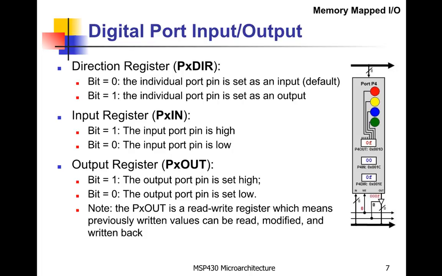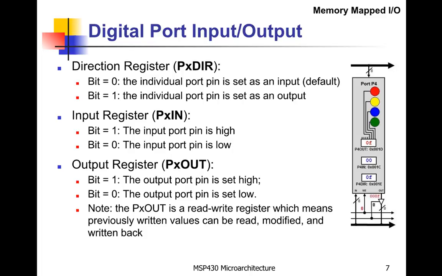And the data direction register basically tells the processor whether this port is input or output. And the default is input, and that's 0. If the data direction register has 0 in a certain bit position, then that bit on the port is an input. If it has a 1, then the port is an output.